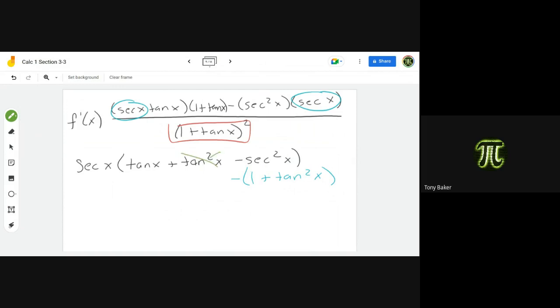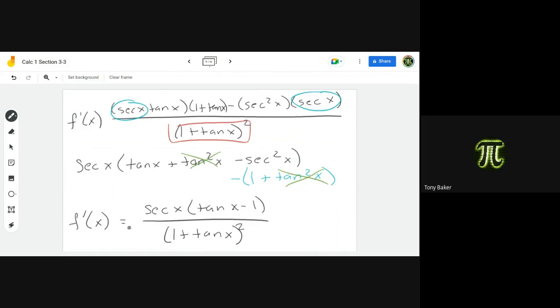So that means that tangent x and that tangent x will cancel each other out. So my top is now just secant x tan x minus 1 over 1 plus tan x squared.